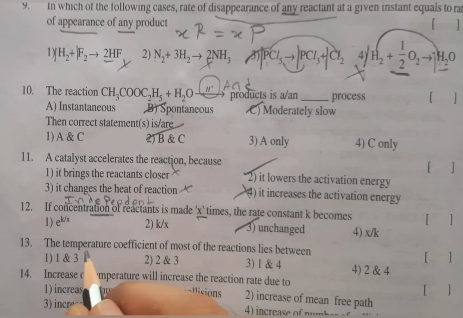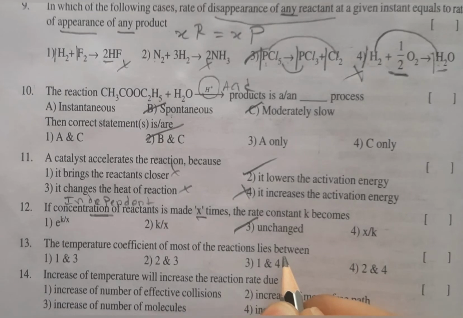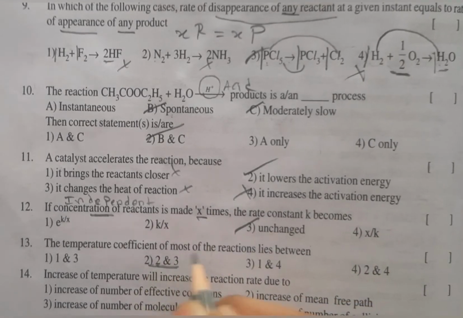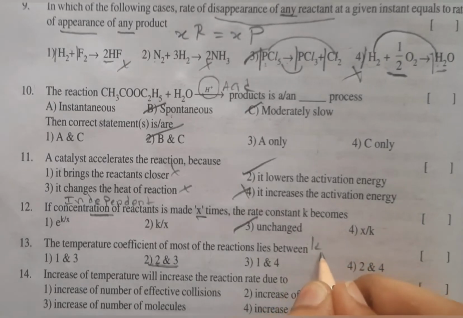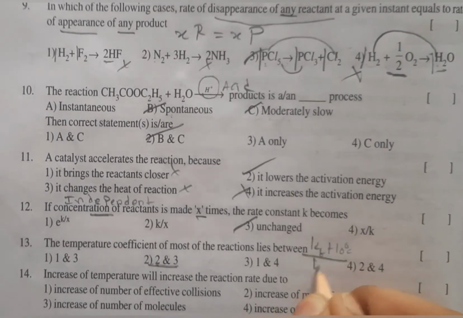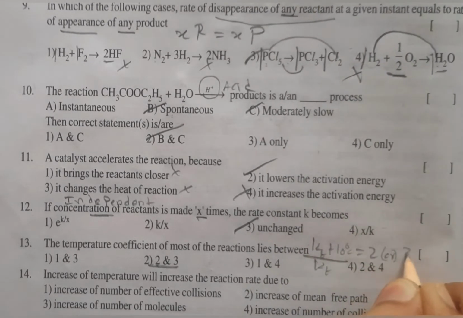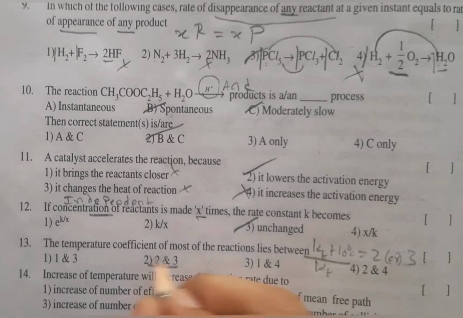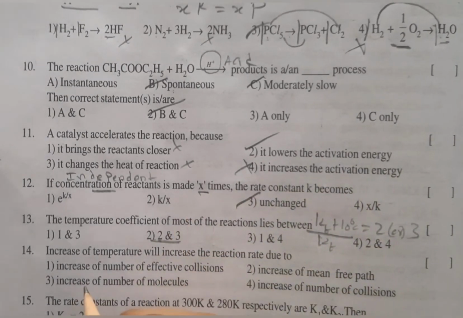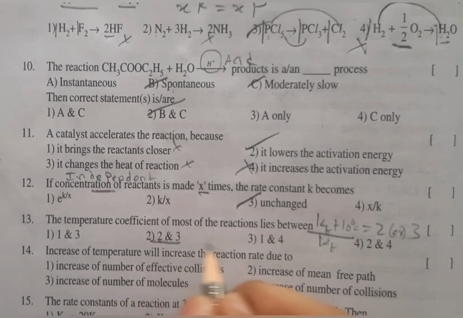So the temperature coefficient of most of the reactions lies between, we already know that it is 2 and 3, right? So k(T+10) by k(T) is equal to 2 or 3. This is the direct formula. So it should be 2 or 3. The value lies between 2 and 3.